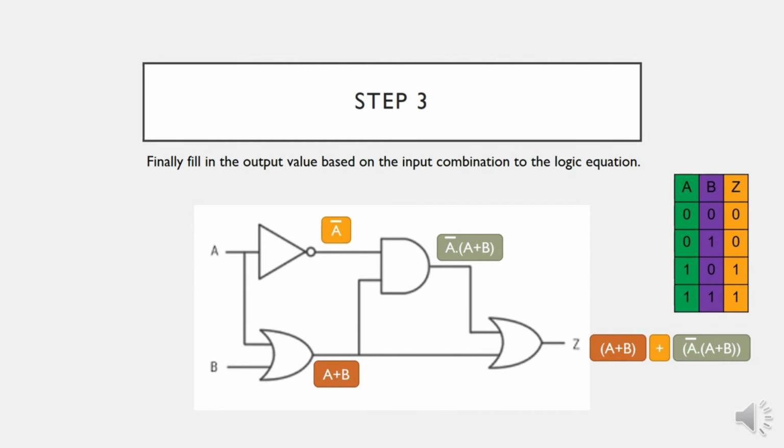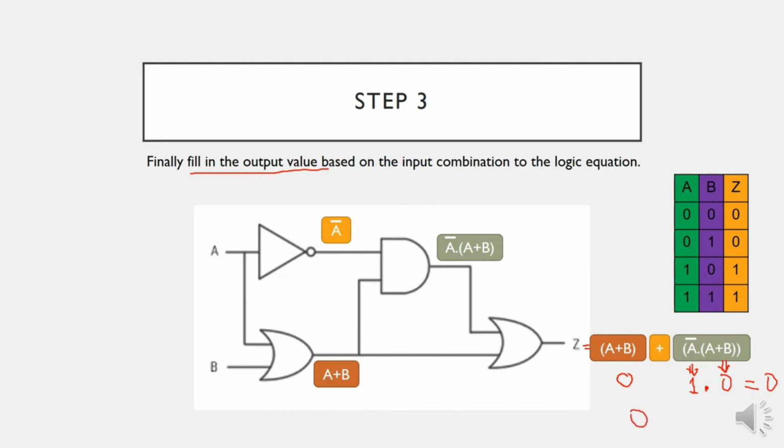In the final step, we fill in the output values based on the input combinations and the logic equation. So for A OR B with inputs 0, 0, this part becomes 0, and this other A OR B is also 0. A is 0 and A bar is equal to 1, and 1 AND 0 becomes 0.